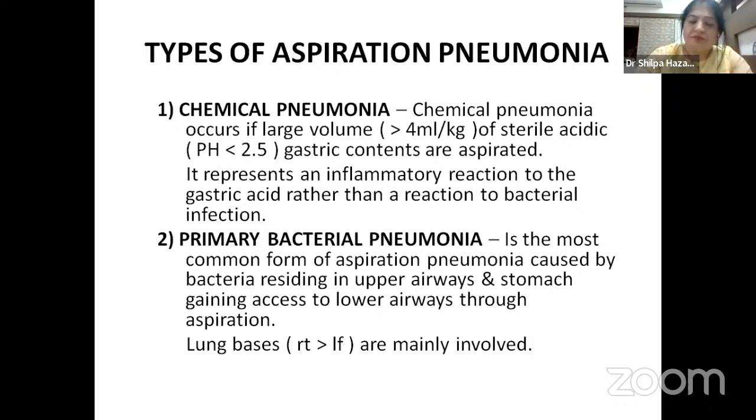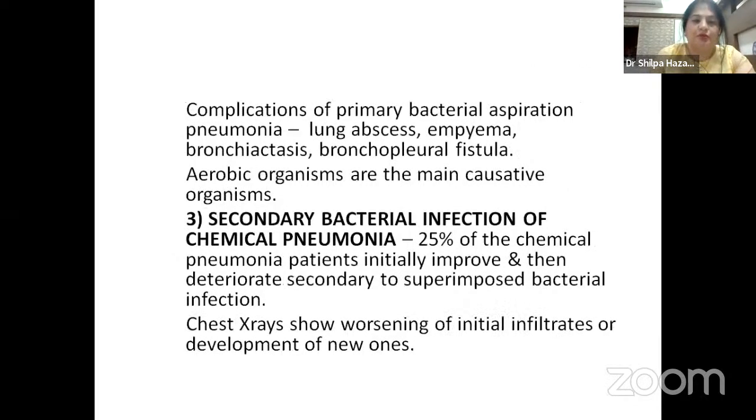By and large, the right side will be more commonly affected than the left, and it will be involving lower airways rather than upper airways. So basically, even primary bacterial, though less likely, the more common is chemical pneumonia.